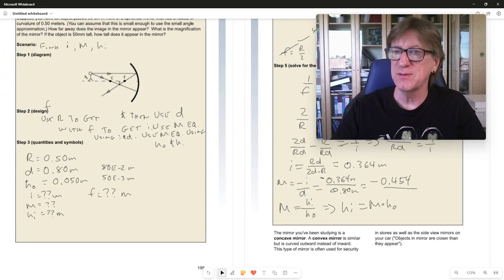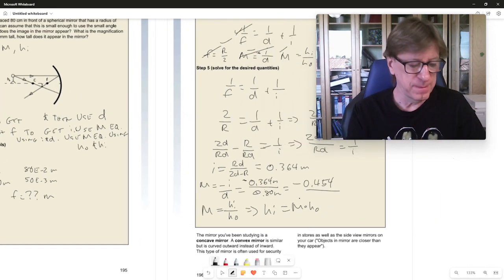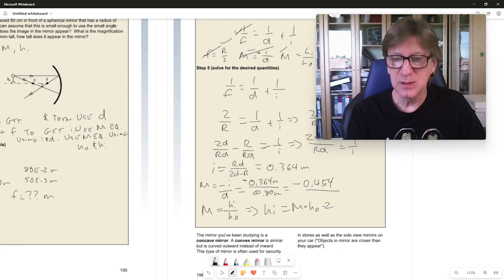That was 0.50 meters. So when I multiply those out, I'm going to get 22.7 millimeters. And since M is negative, my image height is actually negative 22.6 millimeters, which means it's inverted.